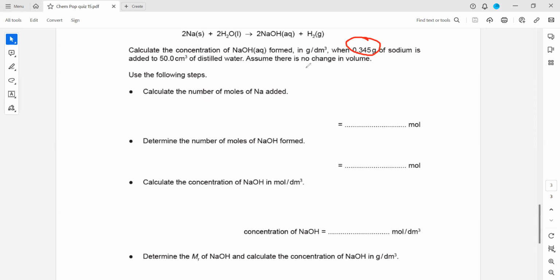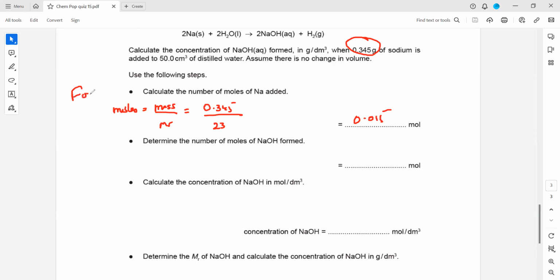Calculate the number of moles because we have the mass. We'll use the formula moles equals mass in gram divided by molar mass. Mass is 0.345 and the molar mass of sodium is 23. This gives us 0.015.